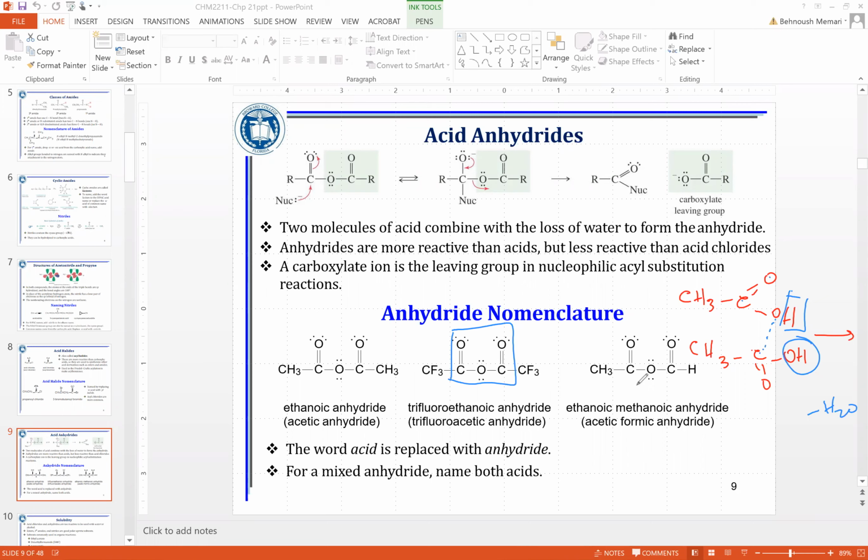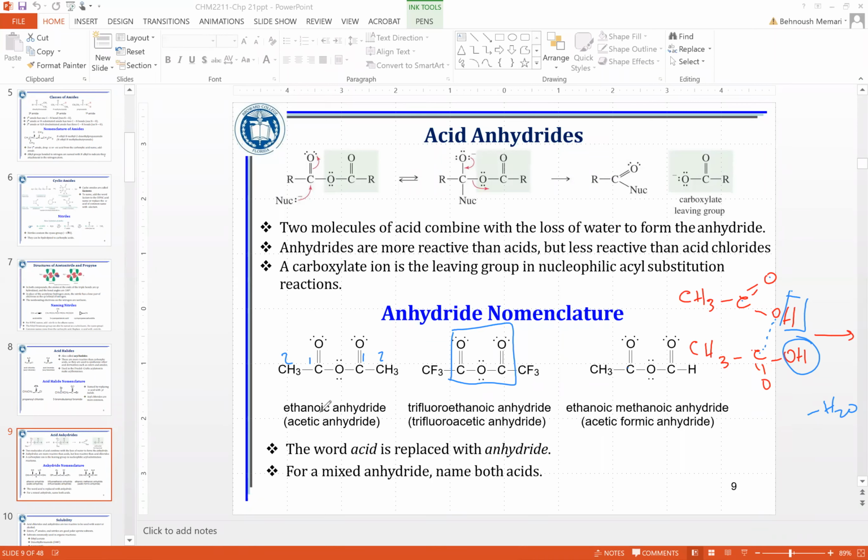Some acid anhydrides are symmetrical. You have the same number of carbons on both sides, and others are not. If you had 2 carbons here and 2 carbons on the other side, this is coming from ethanoic acid or acetic acid.